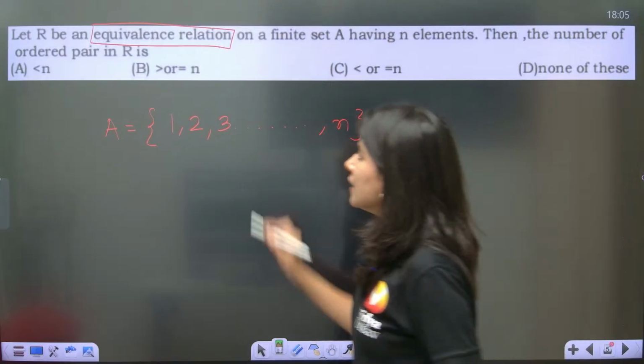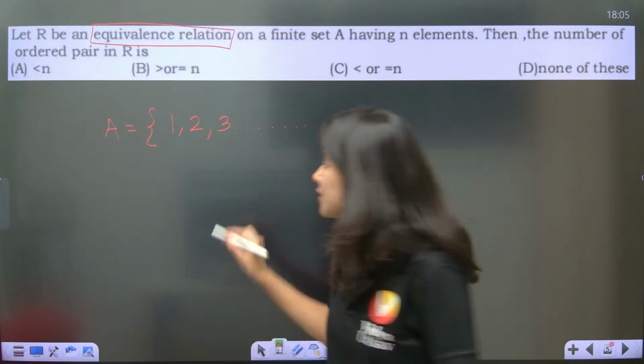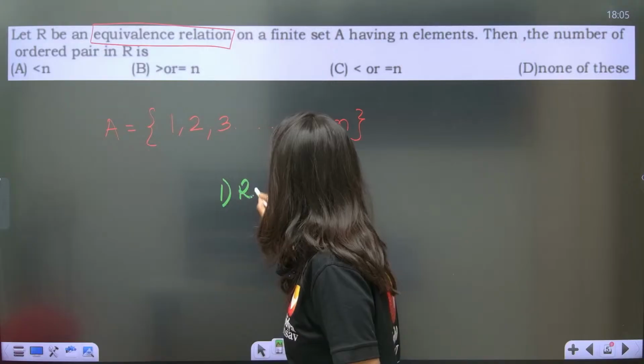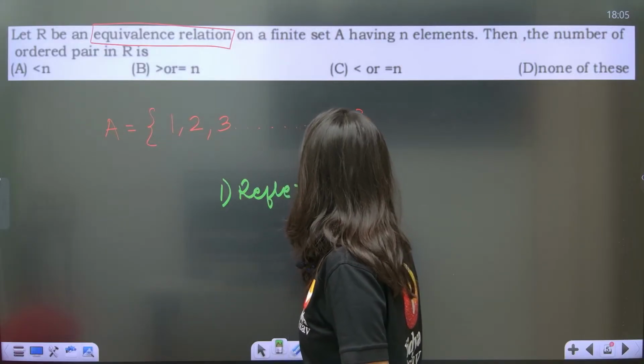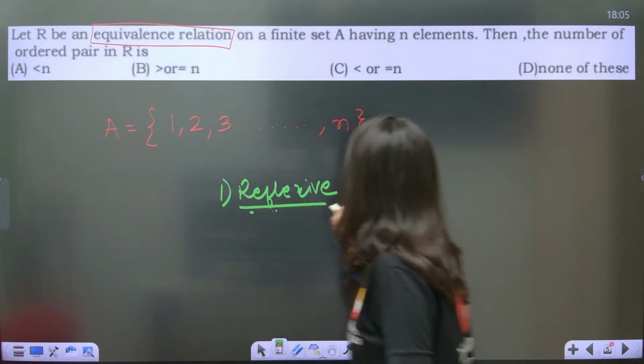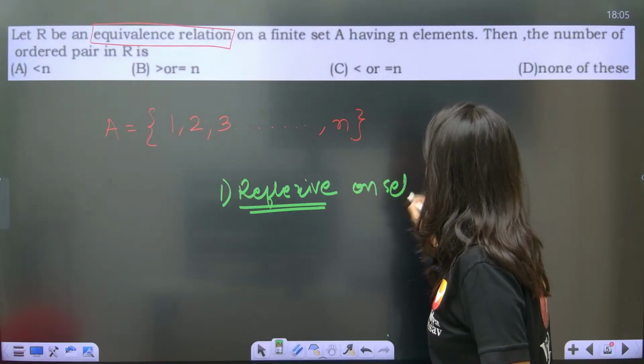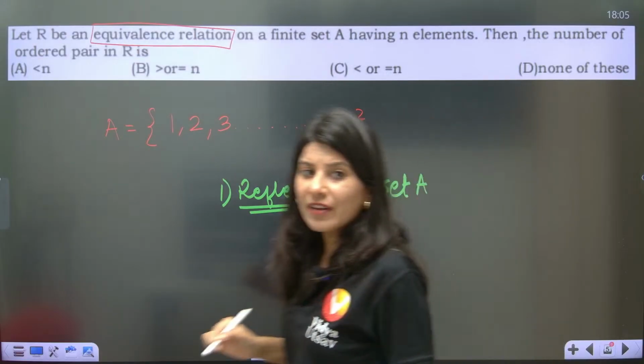If a relation is an equivalence relation, number one point, it has to be a reflexive relation. What is the definition of a reflexive relation?